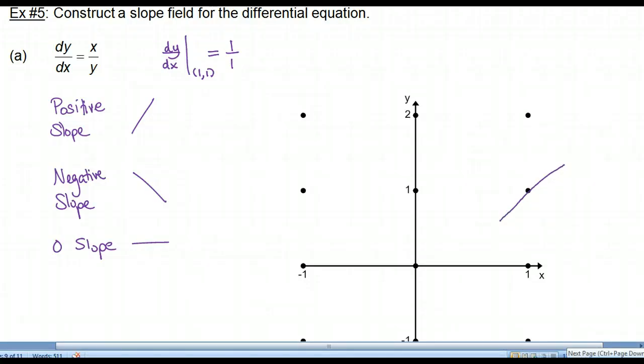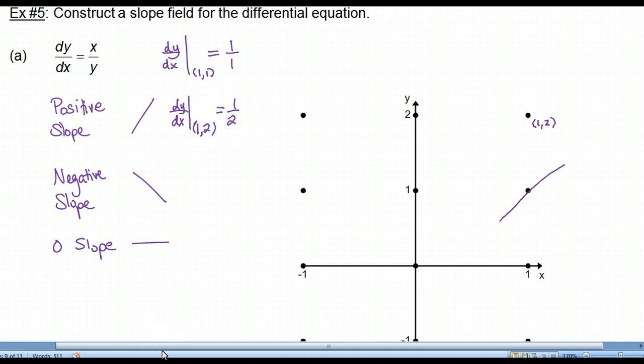So at (1, 1), our slope is 1. This is the point (1, 2). You don't have to write this all out, but dy/dx at (1, 2) would be 1/2.